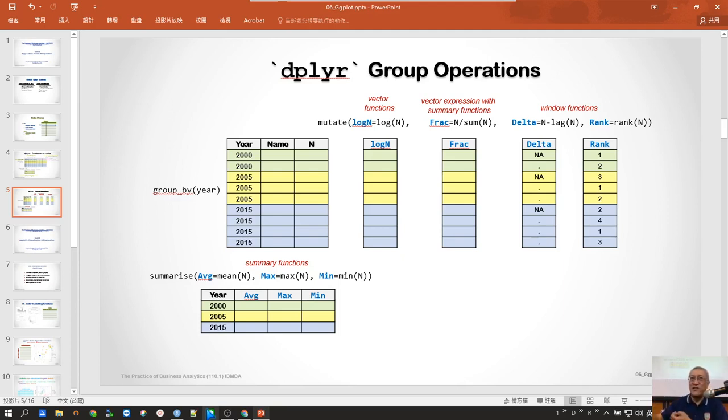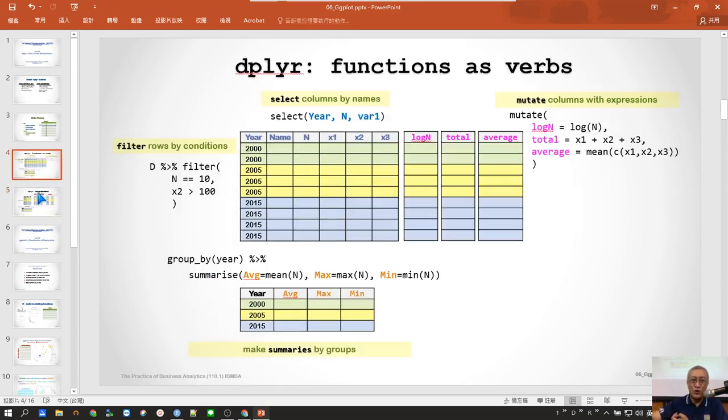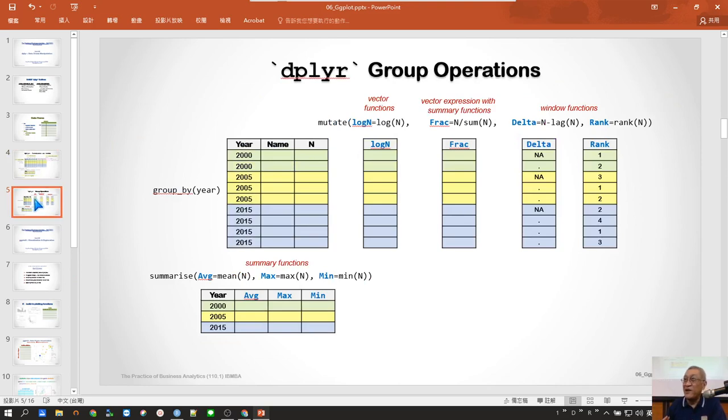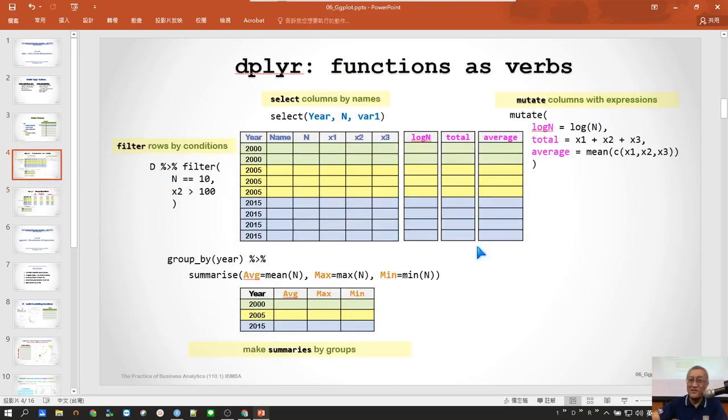For now, I believe that these two pages are good enough for you to get a grasp of Dplyr. Remember the four verbs. These four verb functions are important.